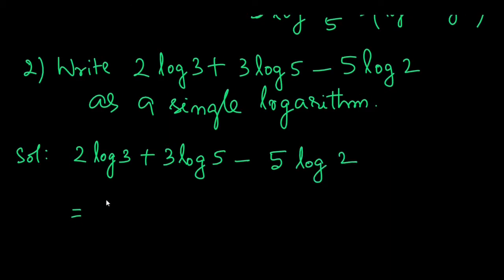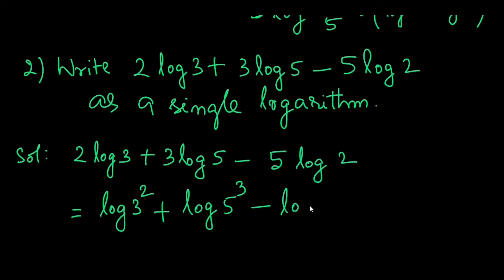2 log 3 plus 3 log 5 minus 5 log 2. This is equal to, from power rule we get log 3 square, and by applying power rule here, log 5 power 3 minus log 2 power 5.